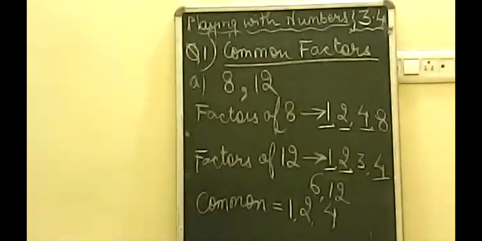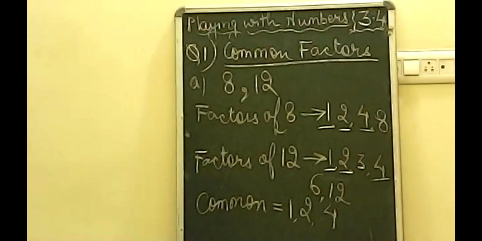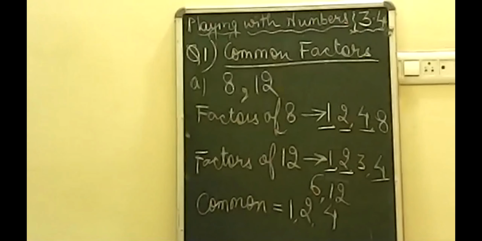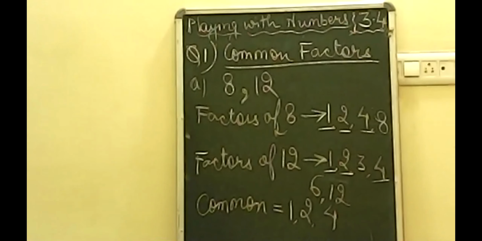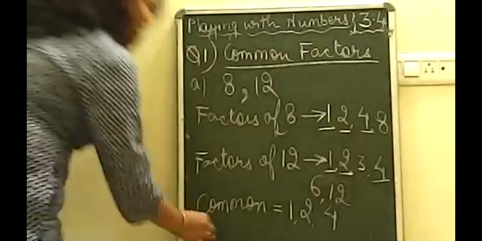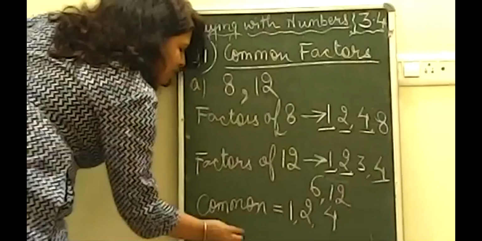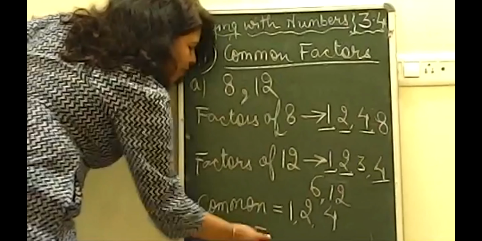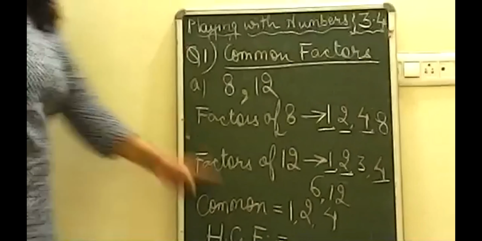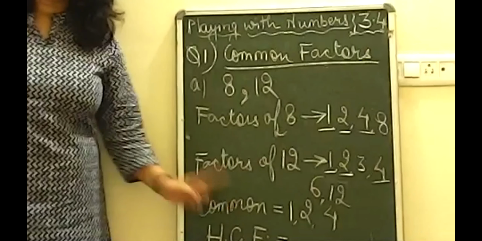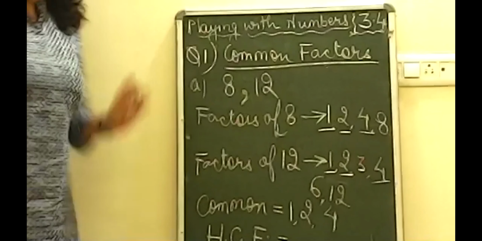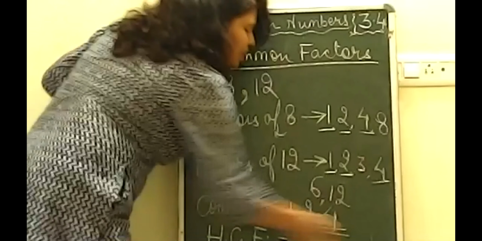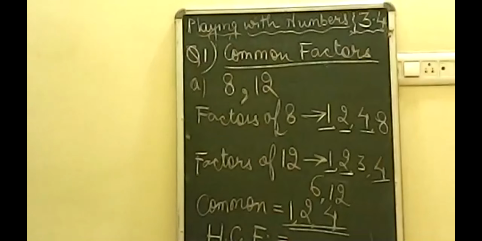Now remember, this question ends here only, but we will do it one more step further. What is the next step? HCF. HCF means highest common factor. After finding the common, we will find the highest also. Can you please tell me which number is the highest from 1 to 4?